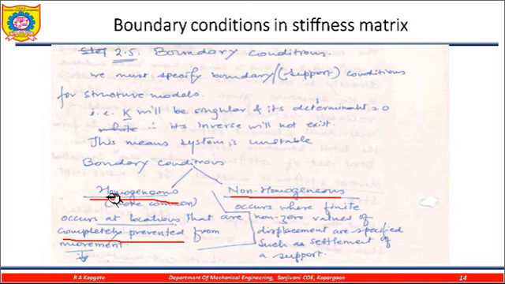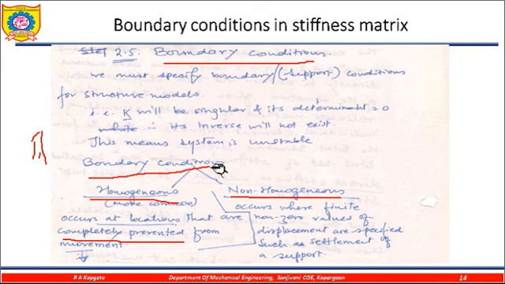In the last problem, we saw that at node 1 the boundary is prevented, so that is homogeneous. Sometimes it is non-homogeneous, meaning the parameter is not prevented, but a certain value is given. Then that is called the non-homogeneous method. We apply the boundary conditions to solve the problem.